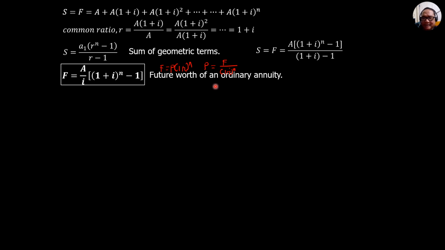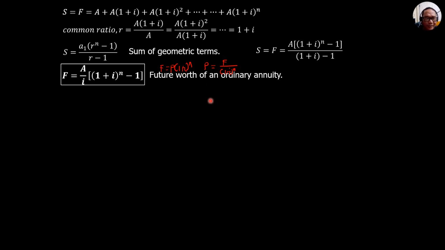So we call that. For the present worth, because this is now a single amount, the connection between future and present worth is from the preceding concept, F equals P times 1 plus i to the n. Therefore, this future worth will just be divided by 1 plus i to the n.